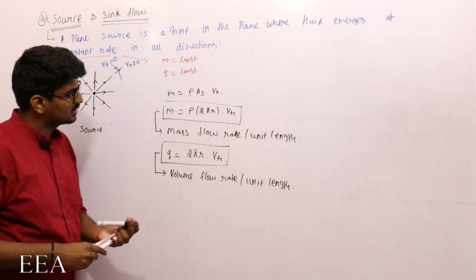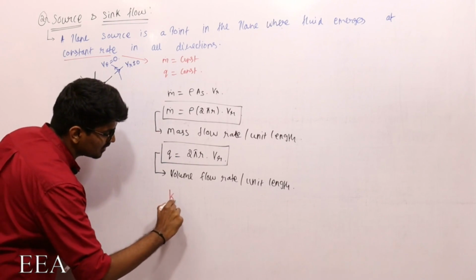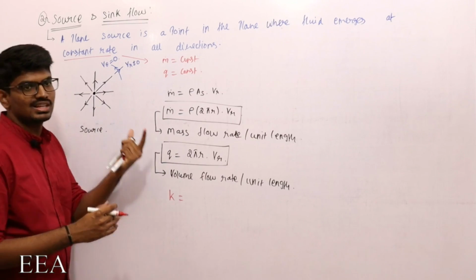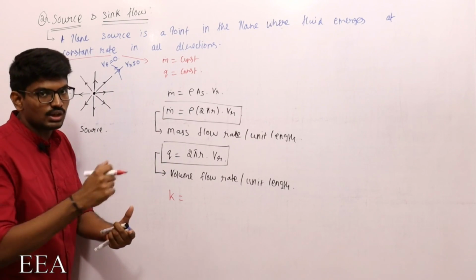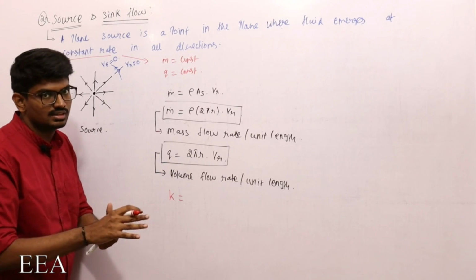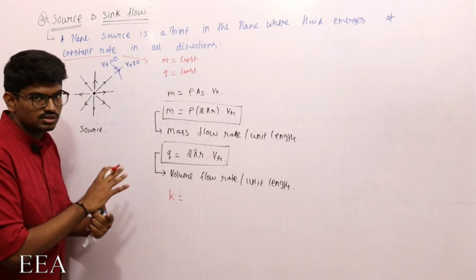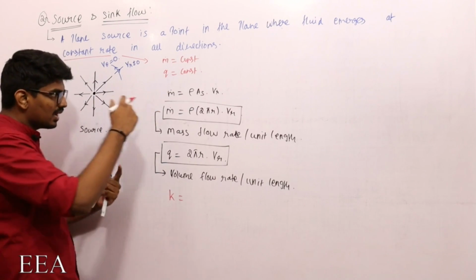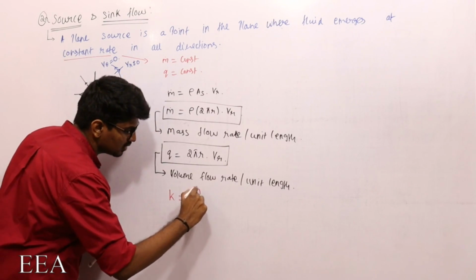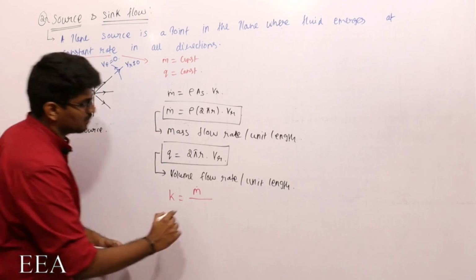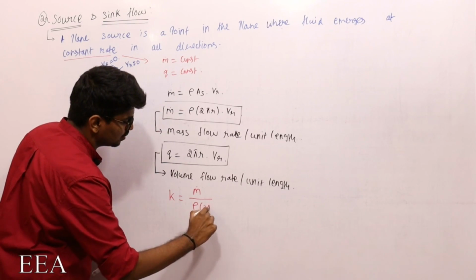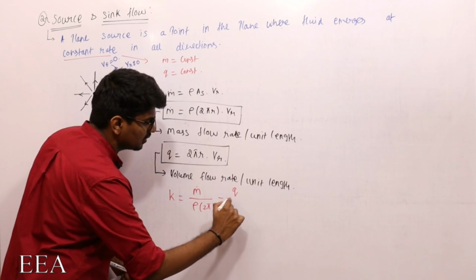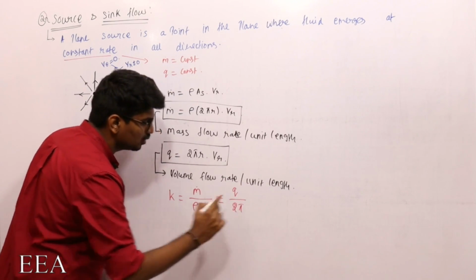Now there is one more thing to define. That is K, which is strength. If I talk with respect to a source, I will say it is source strength. If I talk with respect to a sink, it is sink strength. Strength is nothing but the ratio of mass flow rate to density into 2 pi, or in other words, volume flow rate by 2 pi.